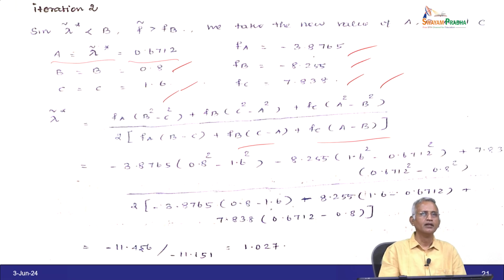So, substitute in this equation. So, the net answer is, for the numerator we have minus 11.456 divided by minus 11.151, which is equal to 1.027.